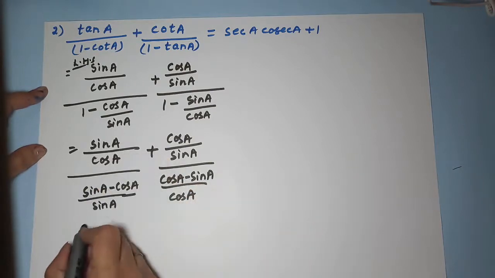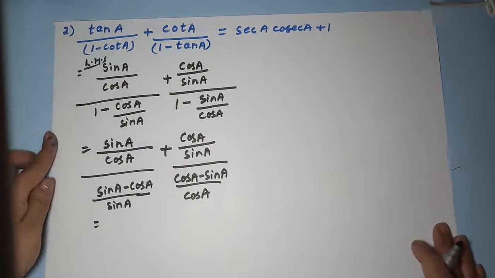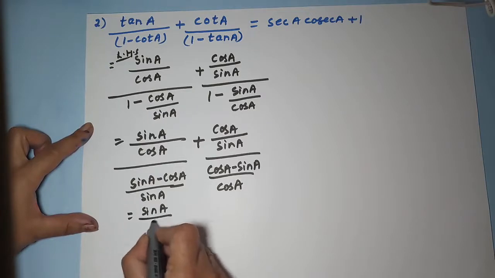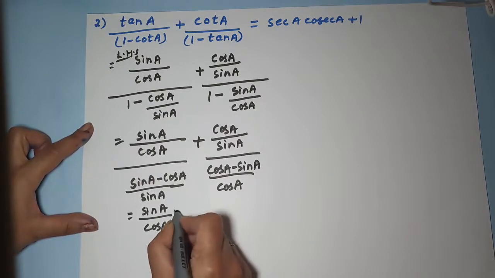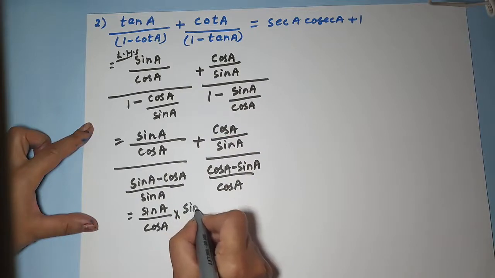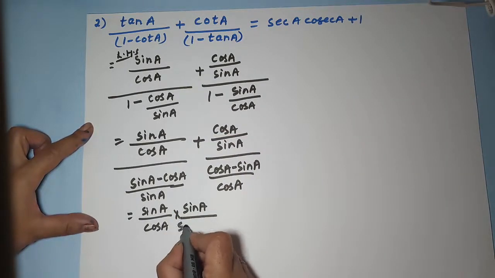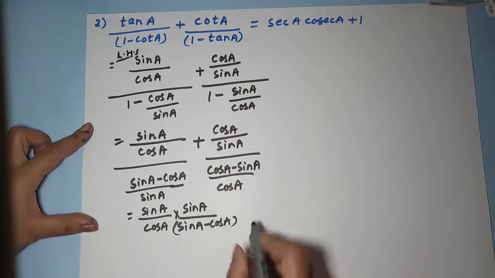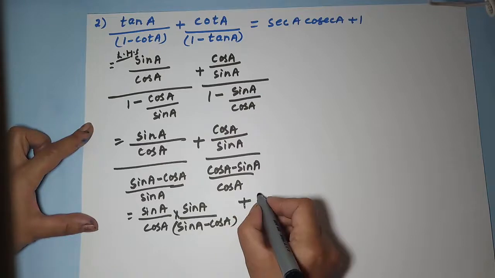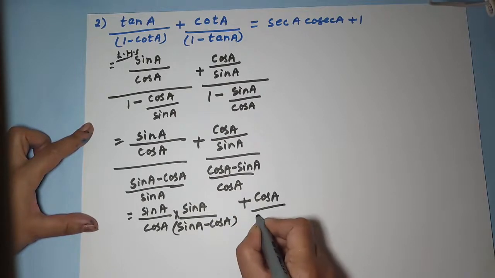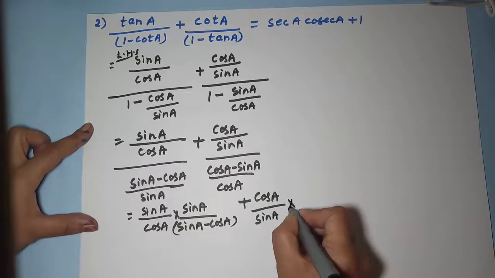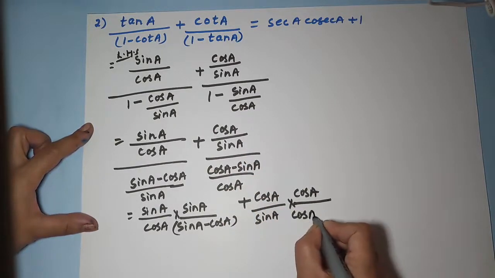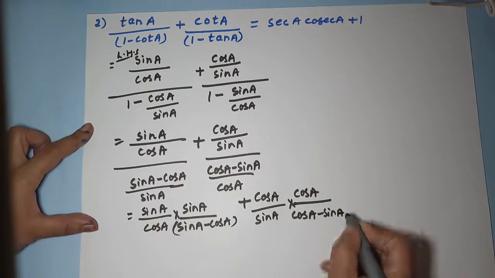So further this can be written as sin A by cos A into this sin A will come up, and in the denominator I have sin A minus cos A, right? Same here, I will have cos A by sin A into this cos A will come up, and in the denominator I will have cos A minus sin A, right?